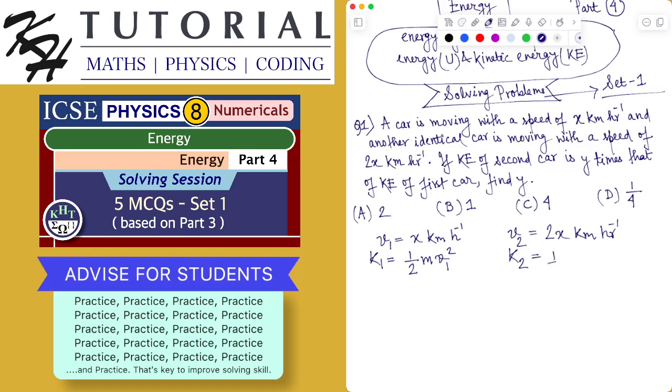By the way, the kinetic energy K1 will be half m, v1 is x, so x square. Will it be joule? No, it will not be joule, because the velocity is kilometer per hour. But whatever it will be, it will not matter in solving the problem.